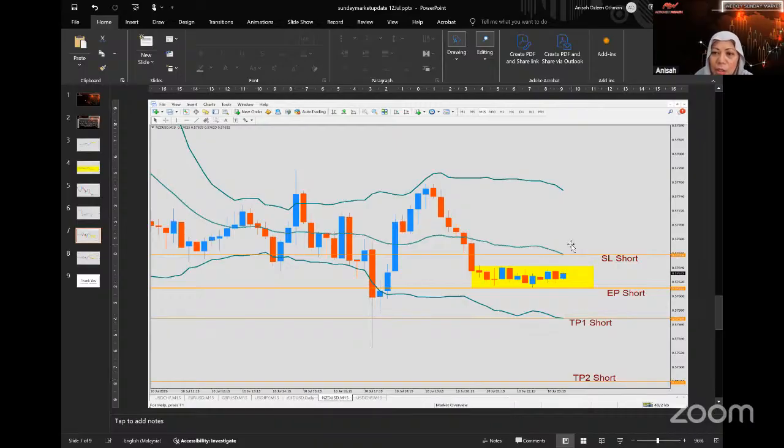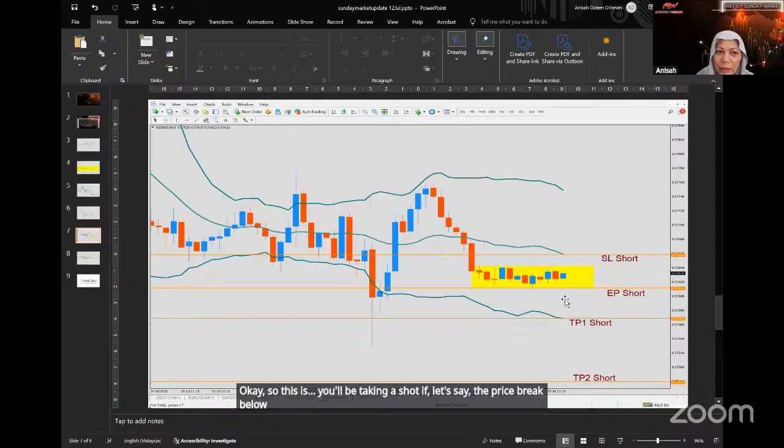So this is if we're going short, and the stop loss will be your mid BB, which is at 0.57658. So you'll be taking a short if, let's say, the price breaks below the rectangle.